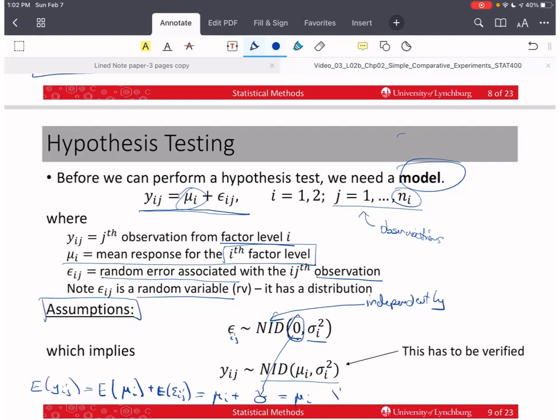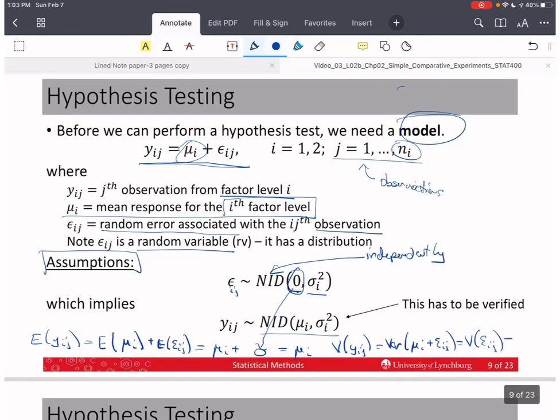And then the variance of Yij is equal to the variance of mu i plus epsilon ij. So mu i is a constant, okay? And so this is just simply going to be the variance of epsilon ij, and this is equal to sigma i squared, because this is a constant.